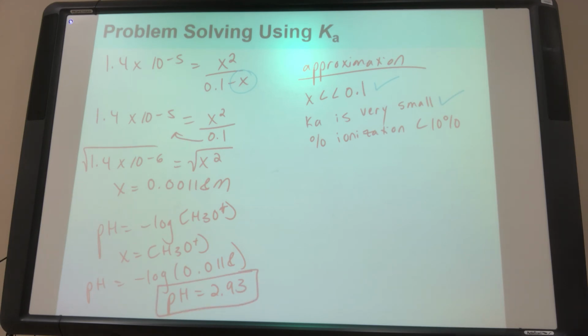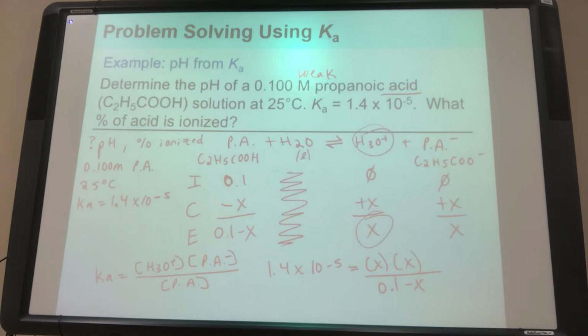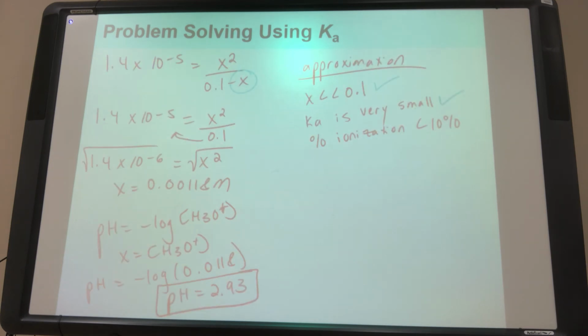The first part was wanting the pH. The second part, so I got the pH, now I need the percent ionized, okay? Here's how I do the percent ionized. Percent ionized is x over initial times 100.